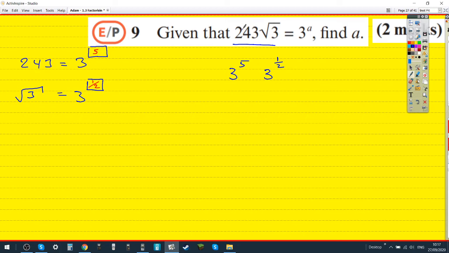What is 243 root 3 short for? Times. 243 times root 3. Oh, yeah. Together. Yep. You have to now write that as just one 3 to the power of something.